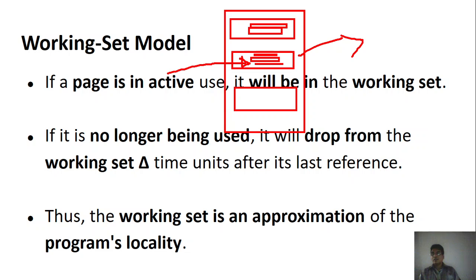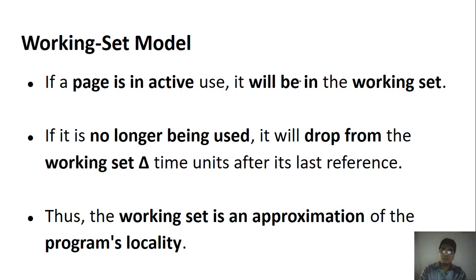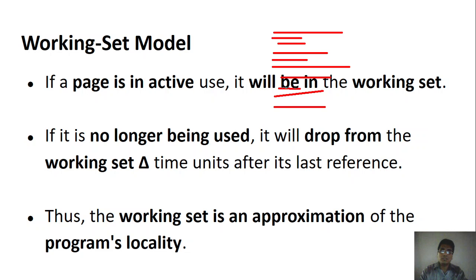So in other words, as the program proceeds, let's assume that you have written a program with a lot of lines of code. As the program proceeds, you will have a different working set.